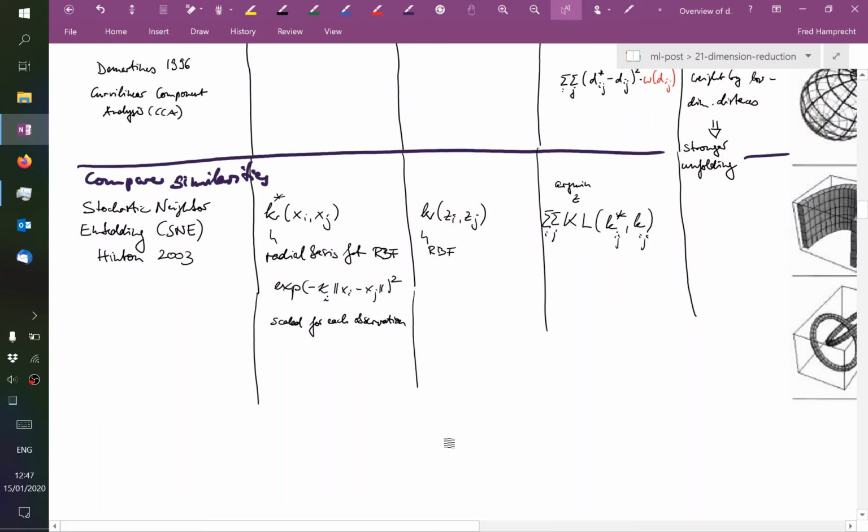Now, I've been mentioning this because the successor, the next paper, has been the state of the art for a decade. The successor, that's the famous t-SNE, by van der Maaten and Hinton, in 2008.